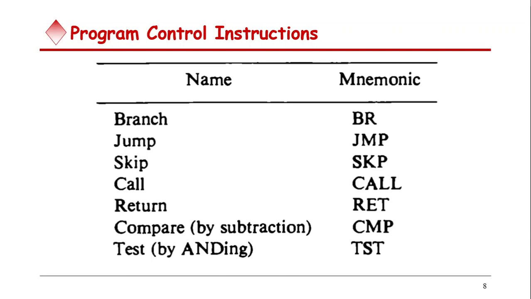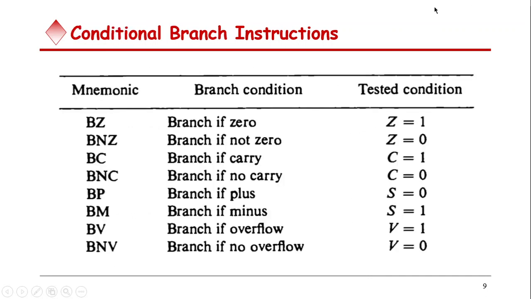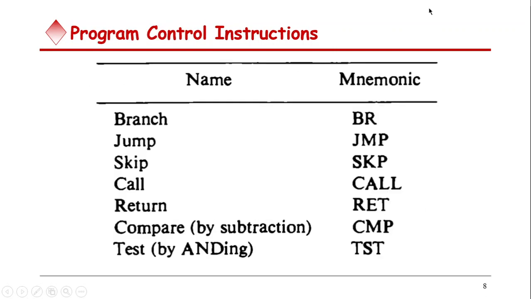The generation of these bits depends on the status. Bit C is set to 1 if the carry is 1. Similarly, the sign bit is set to 1 if the higher order bit is 1.